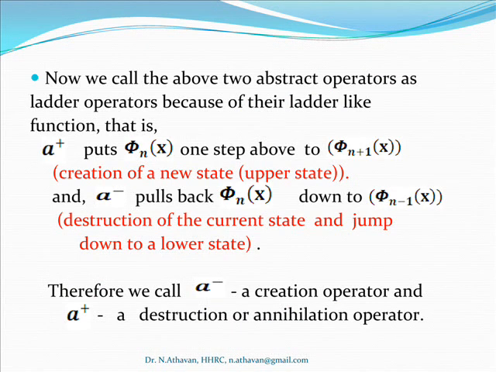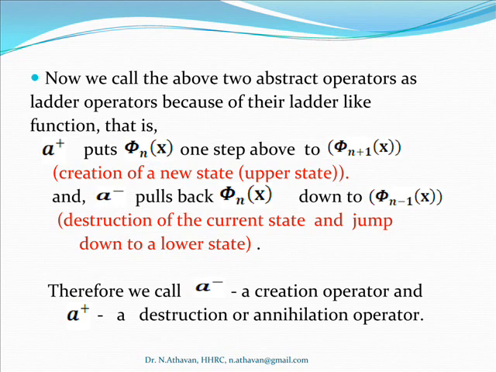Now we call the above two abstract operators ladder operators because they have a ladder-like functioning. That is, A plus puts phi n of x one step above, to phi n plus 1 of x. That is, it creates a new state which is an upper state, and A minus pulls phi n of x back down to phi n minus 1 of x.